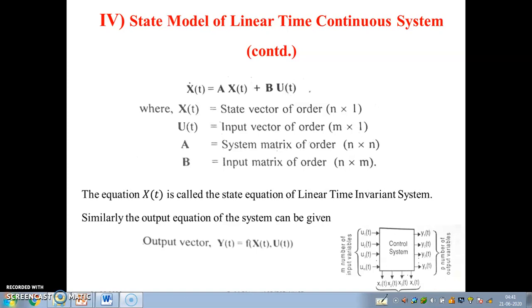Similar to the state equation, we can derive the output equation by the linear combination of state variables and inputs. The output variables can be expressed as a linear combination of state variables and inputs.